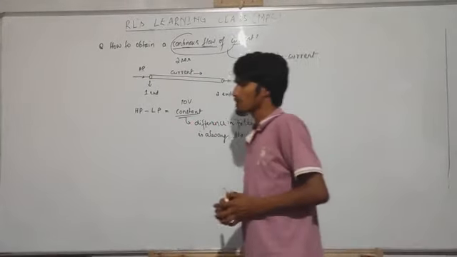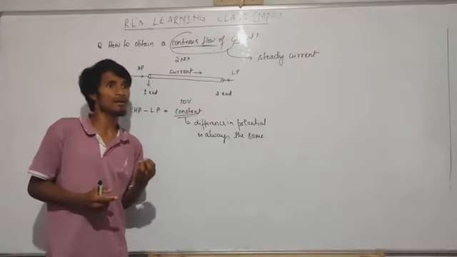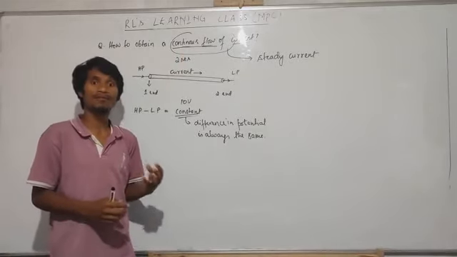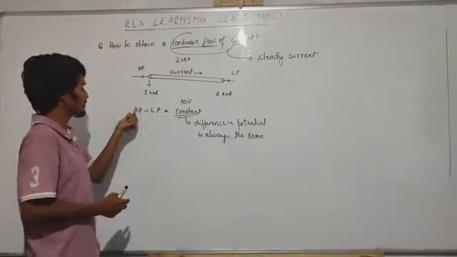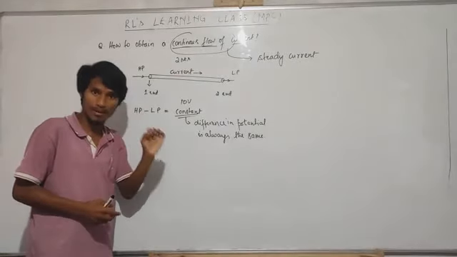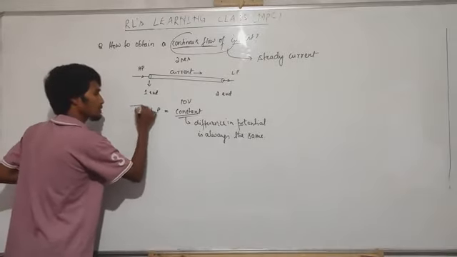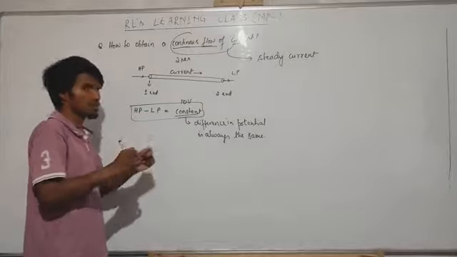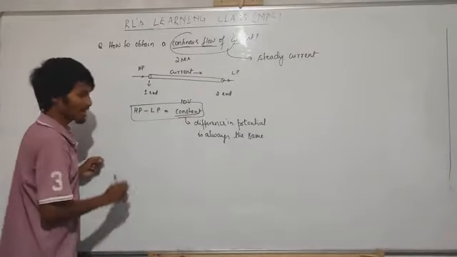Now, who makes the current steady? We have to get some source to supply energy so that the potential always remains the same. The higher potential should always remain the same, and the lowest potential also should always remain the same, so that when we subtract them we get the same value at every time.